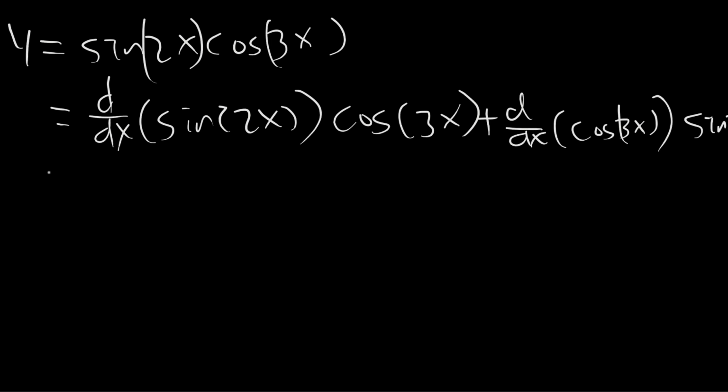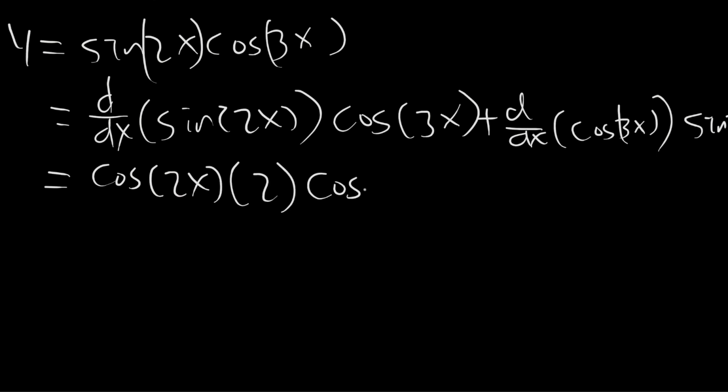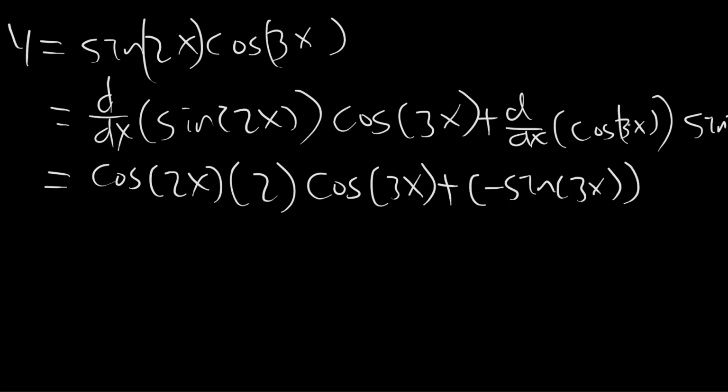So this is going to be equal to cosine 2x, and then take the derivative of 2x, which is 2, times cosine 3x, plus negative sine 3x. So the derivative of cosine 3x is going to be equal to negative sine 3x, and then you need to take the derivative of 3x, multiplied by sine 2x.